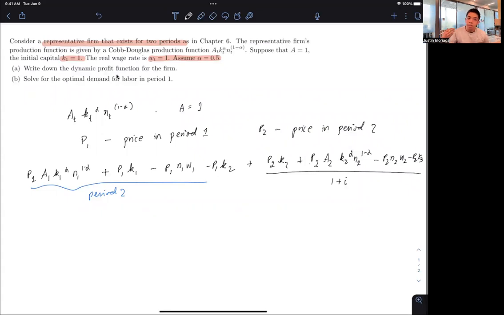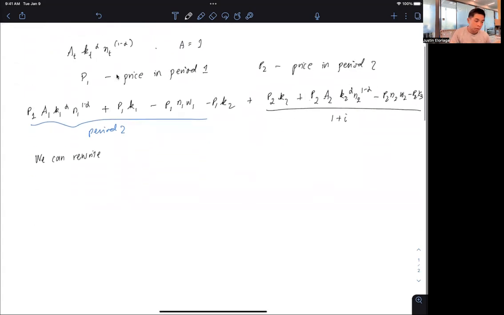Then, of course, we can rewrite this without the prices, since we can normalize the price by a numeraire procedure.